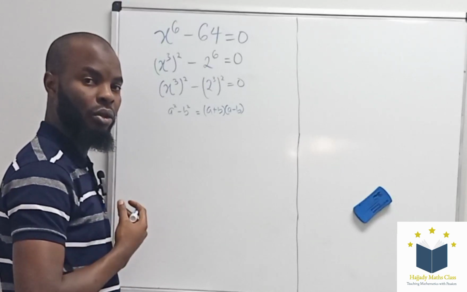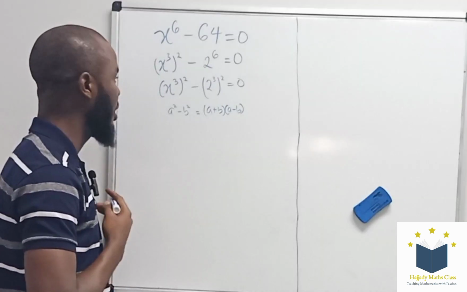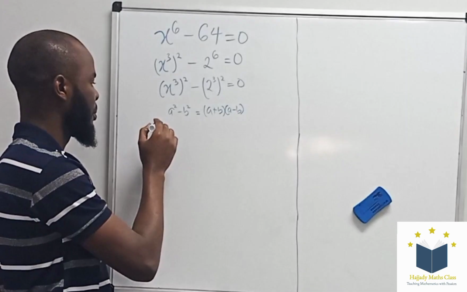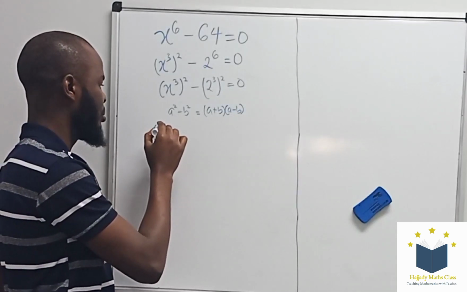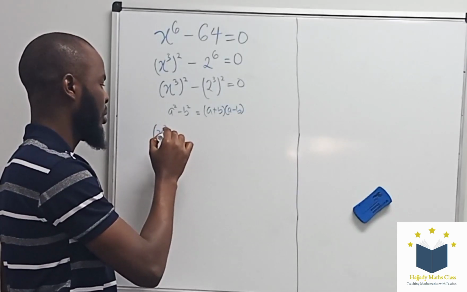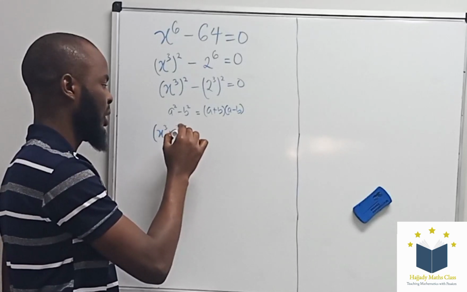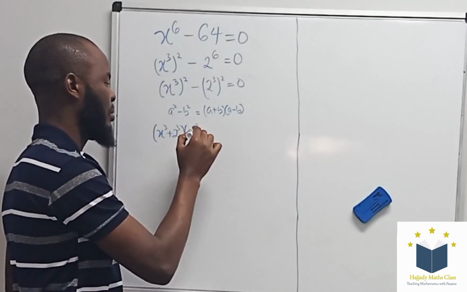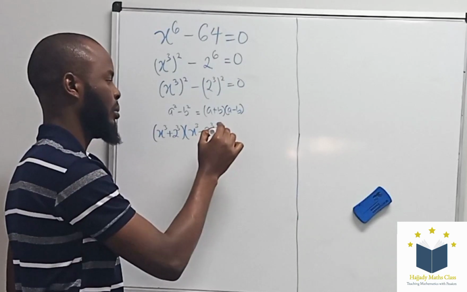So now applying the rules of difference of two squares to this, here I'm going to have my a plus b, which is x cube plus 2 cube, x cube minus 2 cube equals 0.